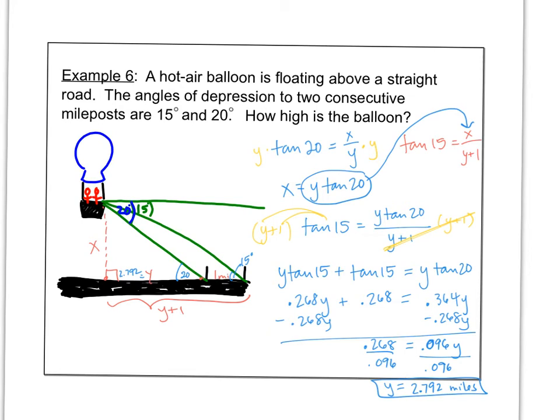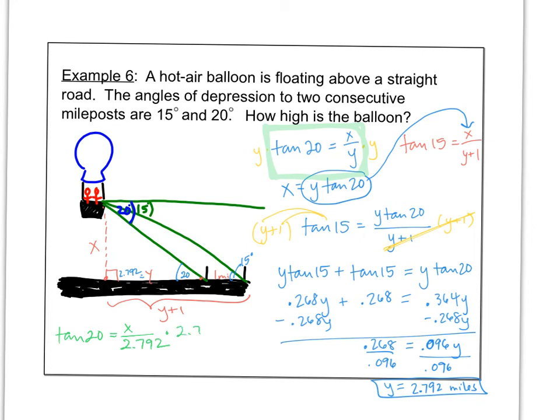I'm going to just outline it here in green. Here's my original equation up in that green box. Let's fill in the 2.792 for the y. So it's going to go like this. Tangent 20 equals x over 2.792. We can now solve for x.